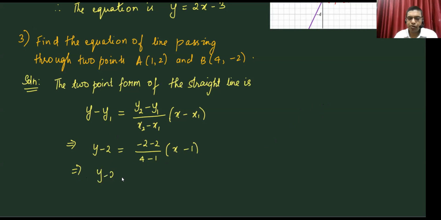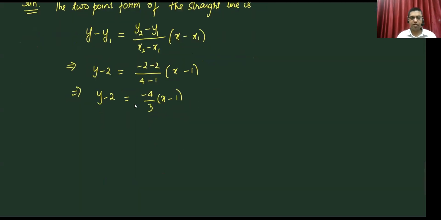So y minus 2 is -4 by 3 into x minus 1. We'll simplify this further in the form ax plus by plus c. Multiply by 3: 3y minus 6 is equal to -4x plus 4.